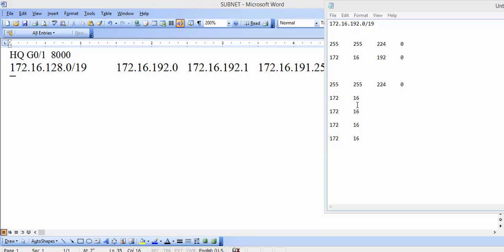So nothing changes here for 255, and we put 172.16 because in this column there are going to be no changes. Now we place 0 on the subnet, and in the broadcast address we place 255.